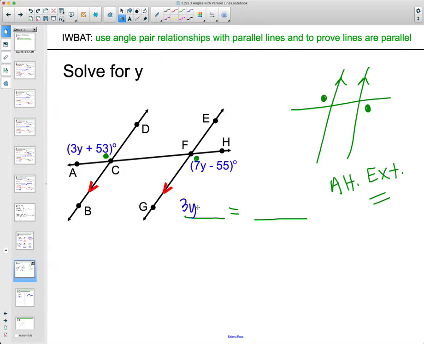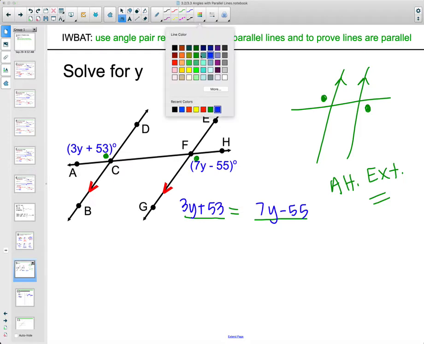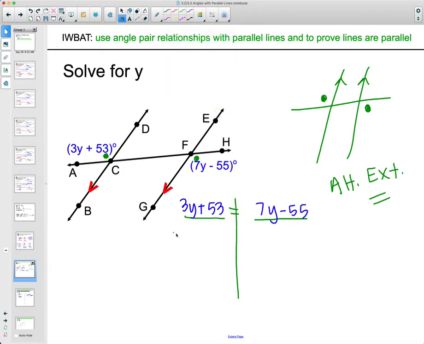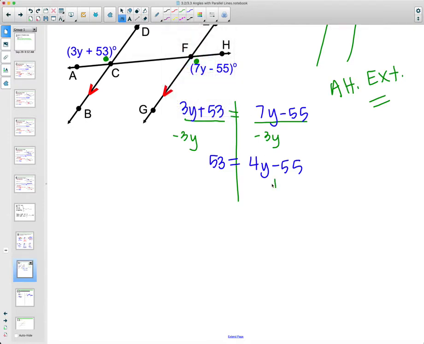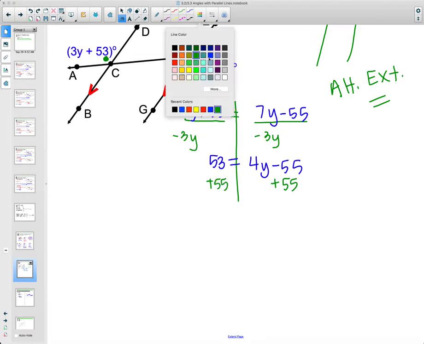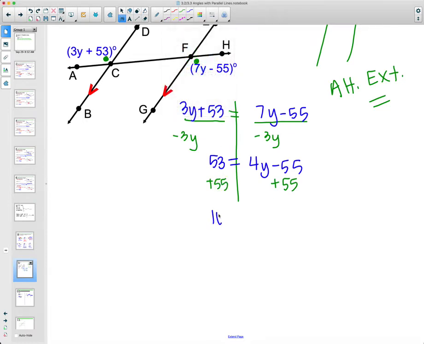So 3y plus 53 is equal to 7y minus 55. And then you can just solve. So I'm going to subtract 3y from both sides. Get 53 is equal to 4y minus 55. Get the 53 and the 55 together by adding 55 to both sides. So then we'll get 108 equals 4y.